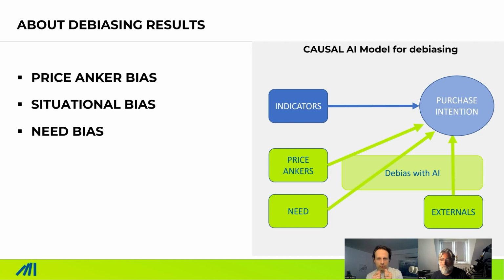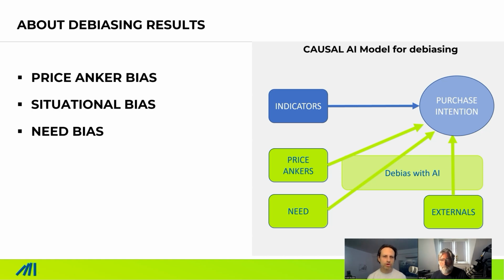If we ask that, the respondent sees different prices and responds to that. And if one of those prices is very high, it will influence the reaction to the other prices. So there is always a bias depending on the context of your research.